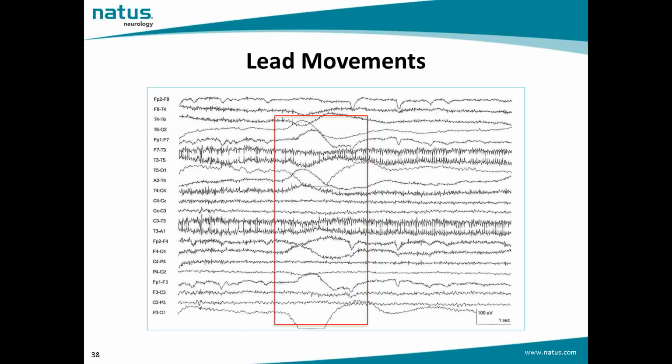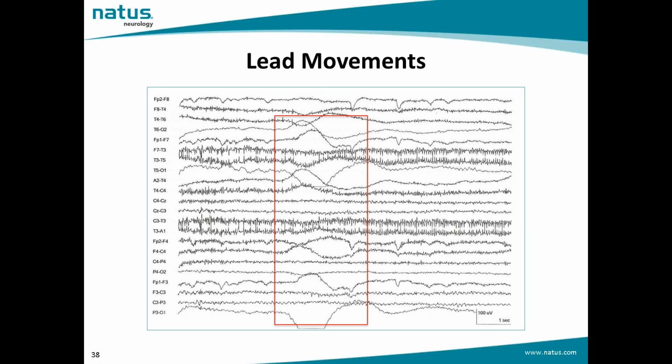Leg movement has a more disorganized morphology that doesn't resemble true EEG activity in any form and often includes double phase reversal without consistency in polarity. The picture here shows an example of lead movement, and in the red square we can see that many channels are affected by the artifact and involved in the movement.